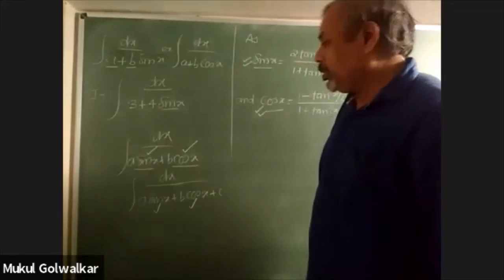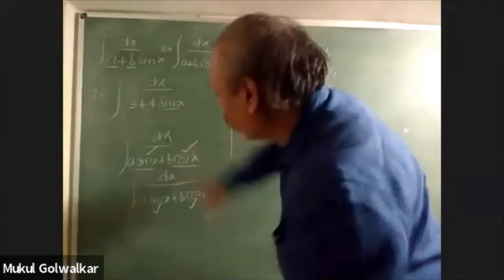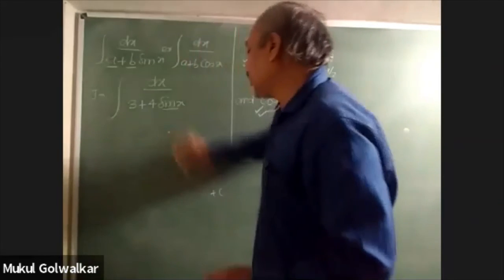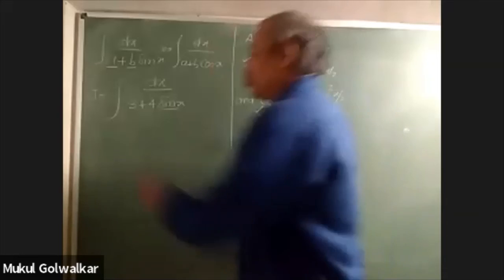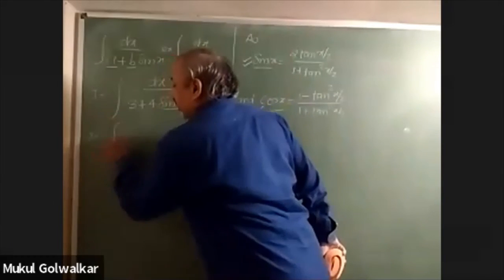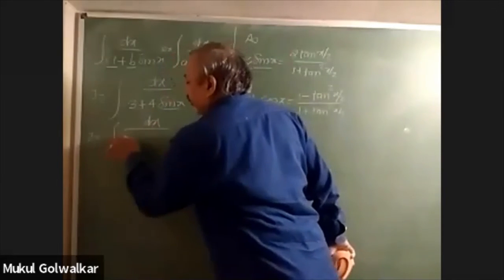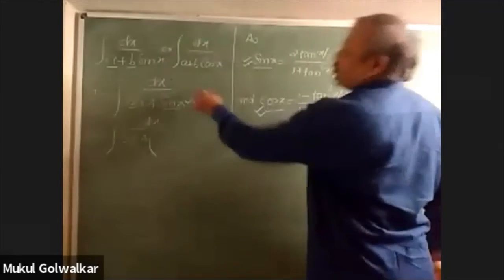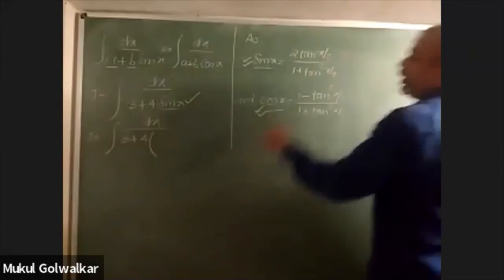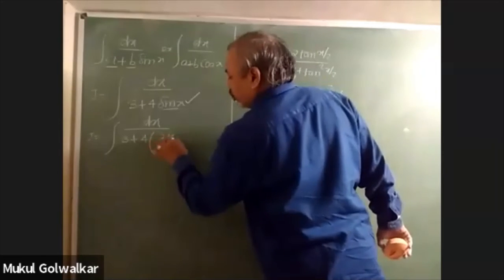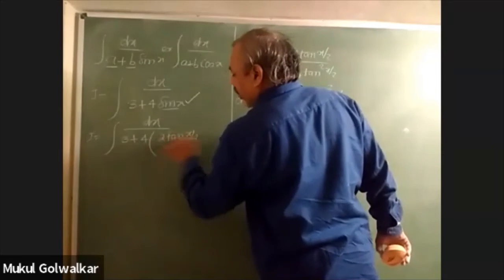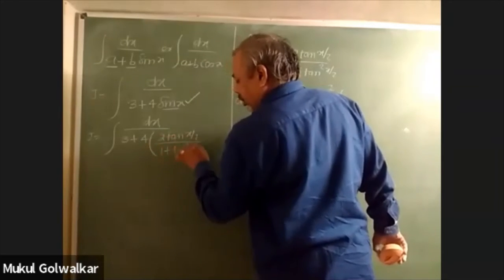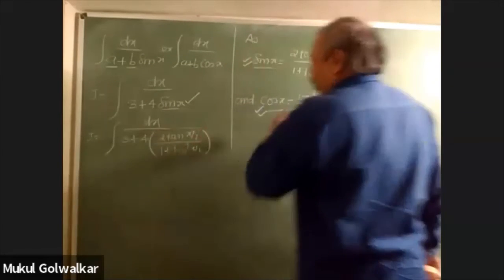So now this variety of the question you already are having, and the simple question I have written is dx upon 3 plus 4 sin x. So I write dx upon 3 plus 4, and in place of this sin x, I am going to write 2 tan x by 2 divided by 1 plus tan square x by 2.